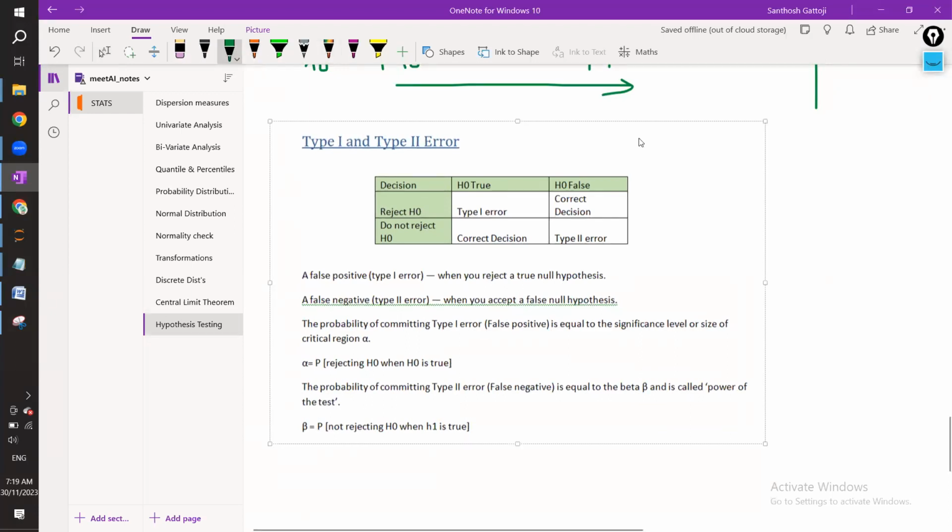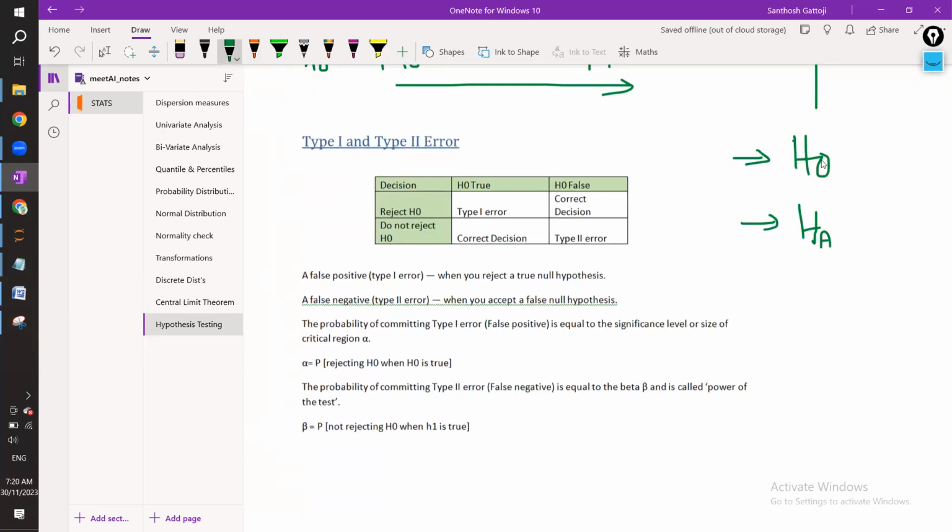In the null hypothesis, as I was discussing yesterday, you have a null and an alternate. Based upon an event, you have formulated the null and alternate hypotheses.